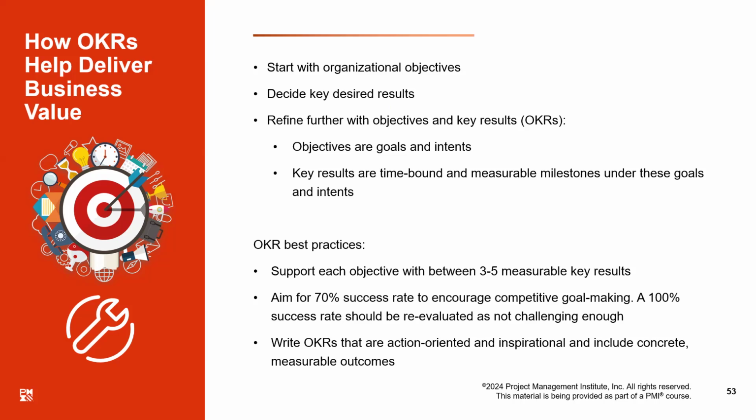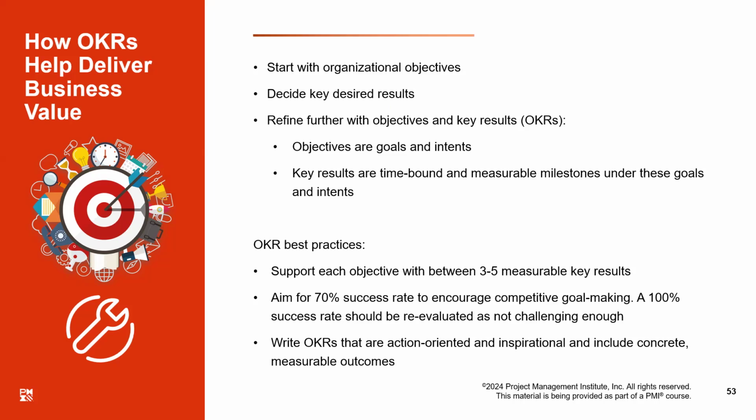So to set the targets harder, you should only aim for 70% success rate. So out of these 3 to 5 measurable key results, 1 or 2 might be very difficult to achieve. And even if you succeed in 70%, we will consider you to be very successful.